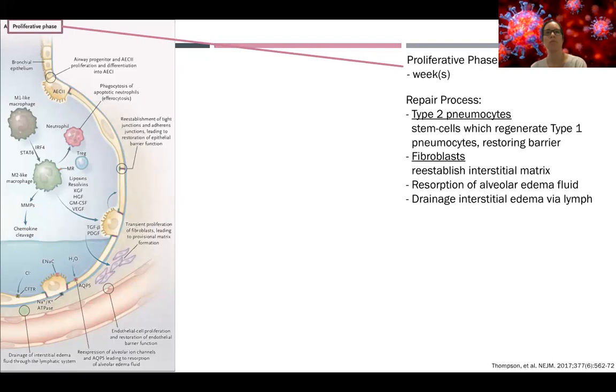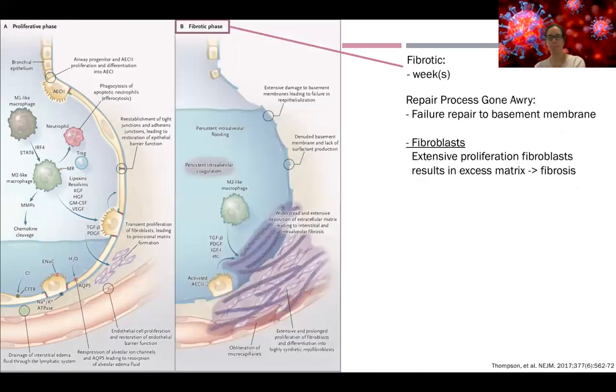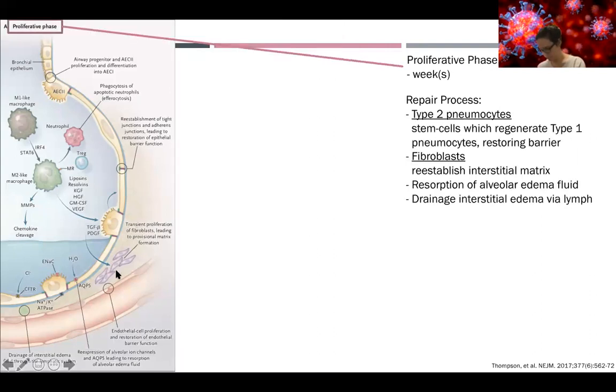That repopulation of type 1 pneumocytes restores the barrier function of the alveolar epithelium. There's also an influx of fibroblasts down here, which reestablish the interstitium, and that reestablished interstitium helps resorb some of the alveolar fluid, which then drains via the lymphatics.